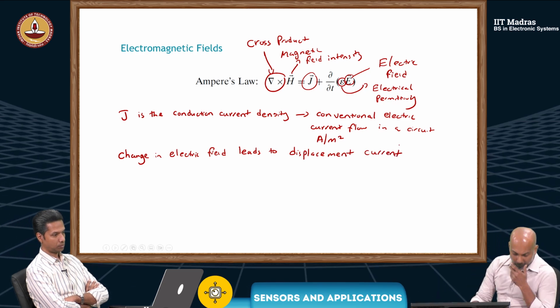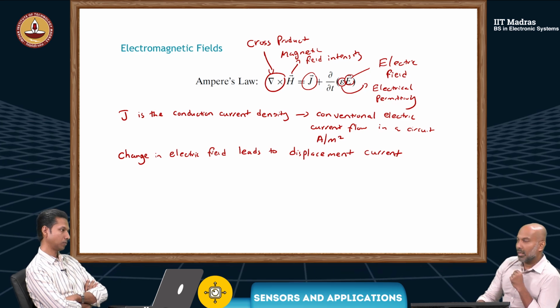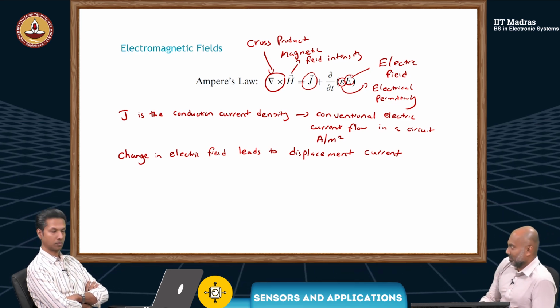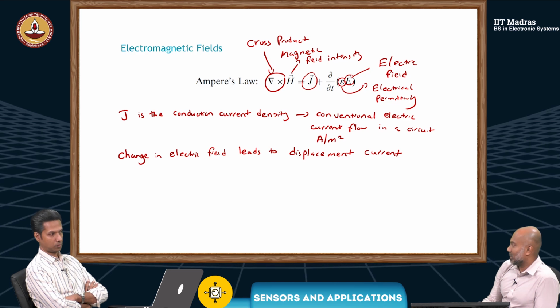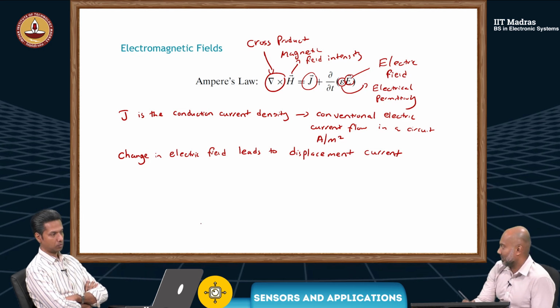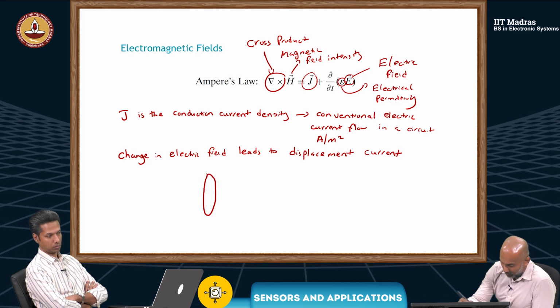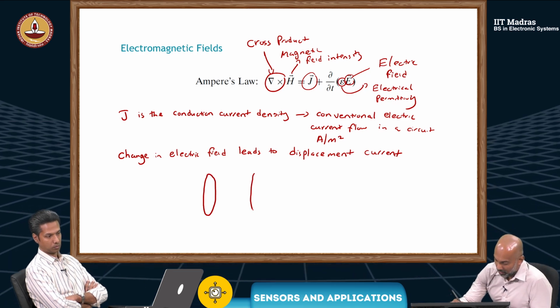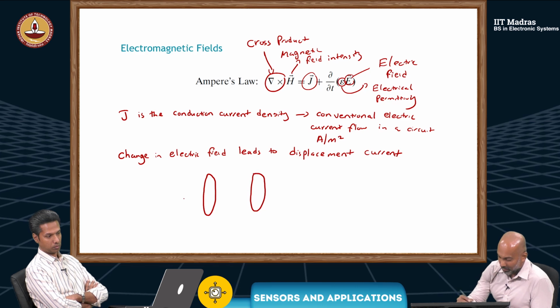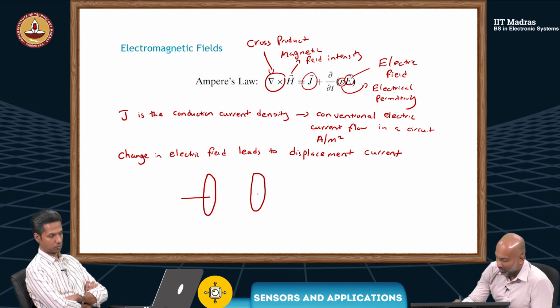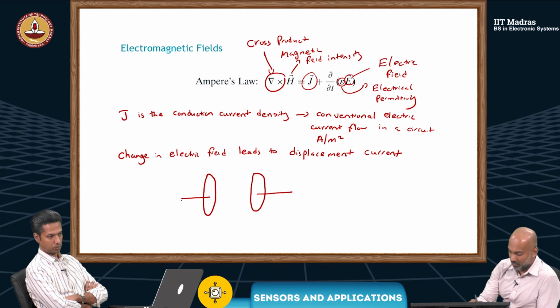Now, I think the easiest way to probably explain this displacement current is if you take a capacitor. Let's say you have two plates. One plate here, another plate here. I have a wire here and here.